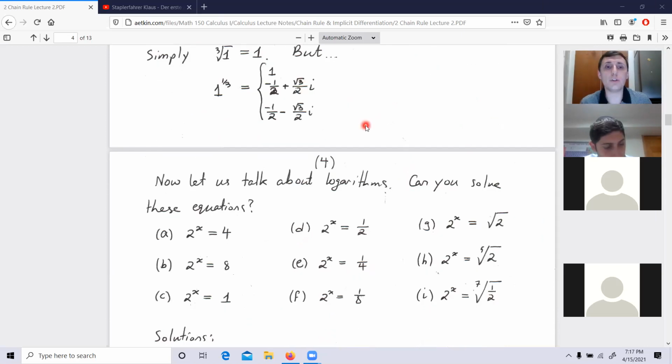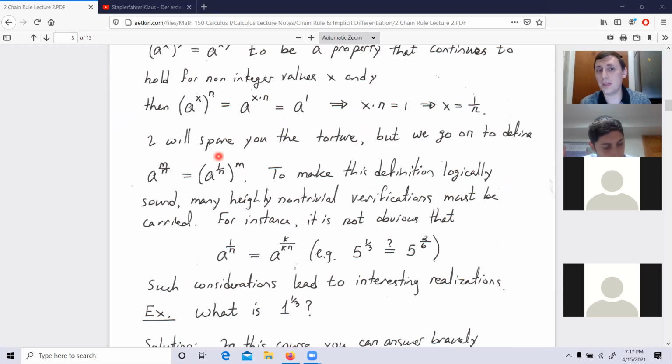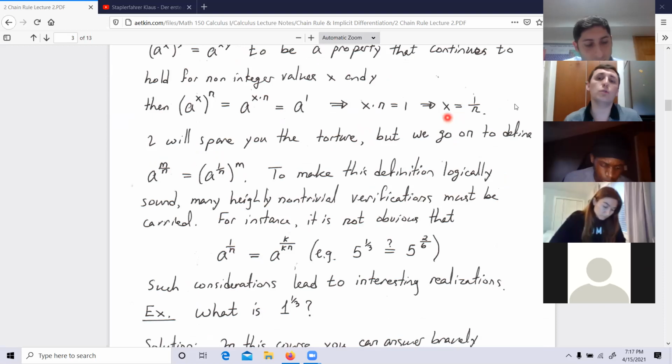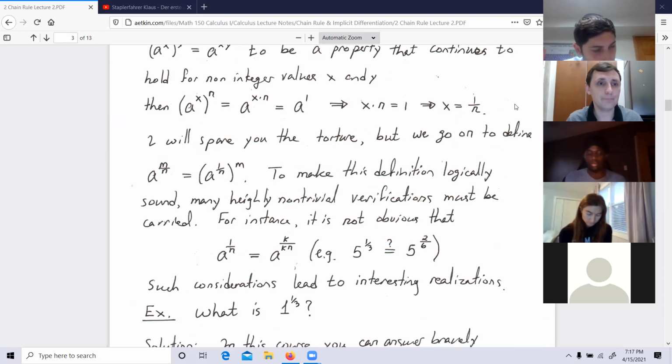Now, this I will leave for you to think about, guys. As it happens, taking the 1/6 power of 25 and then cubing it will give you the same result. You just have to figure out a way to verify that if you want.